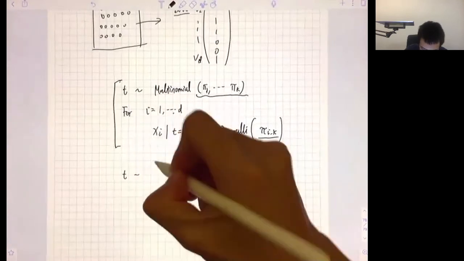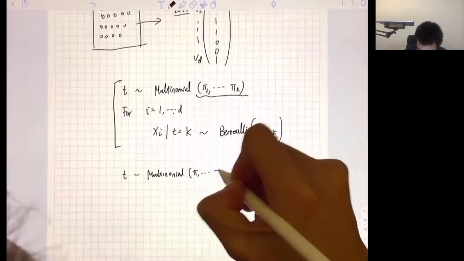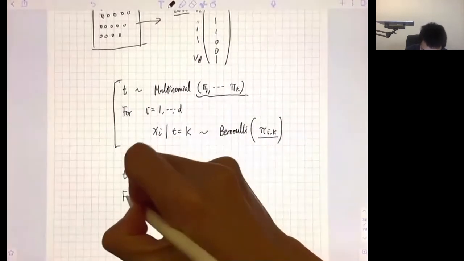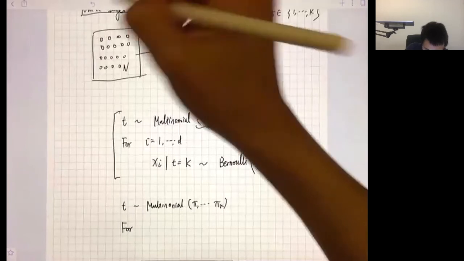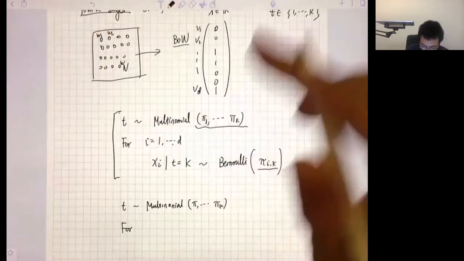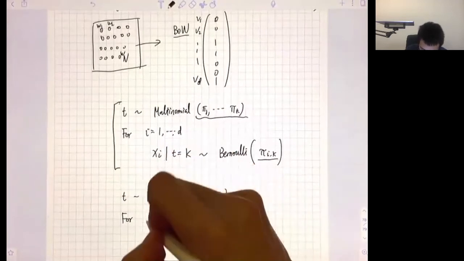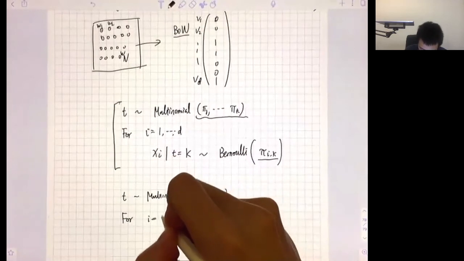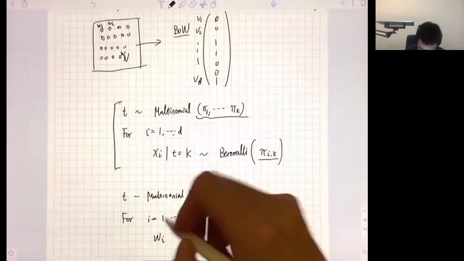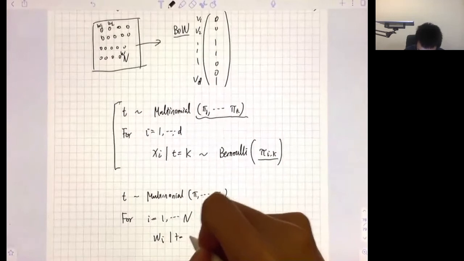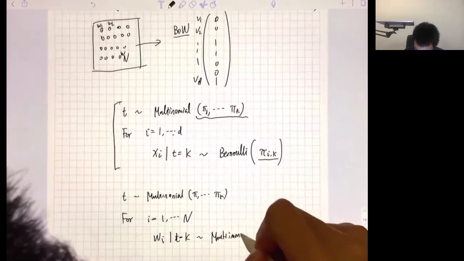Another formulation: I can say multinomial distribution, pi 1 up to pi k. Suppose I have n words in this document, W1, W2 up to Wn, okay? Another formulation is, for i equals 1 up to n, I generate my Wi for different words, given T equals k, from a multinomial distribution over my vocabulary, okay?